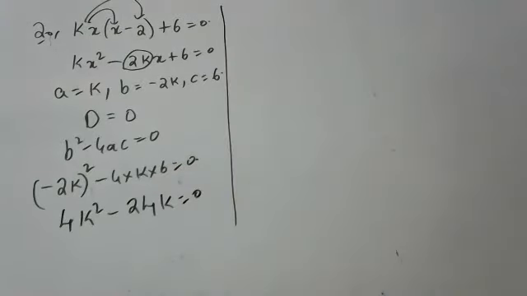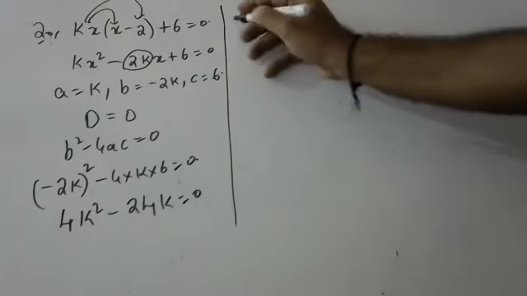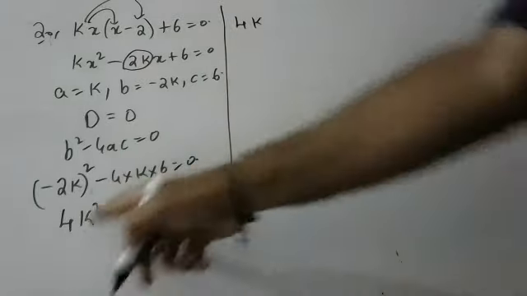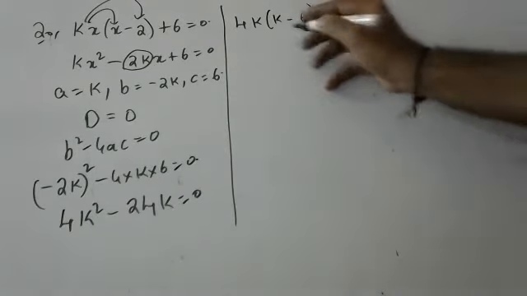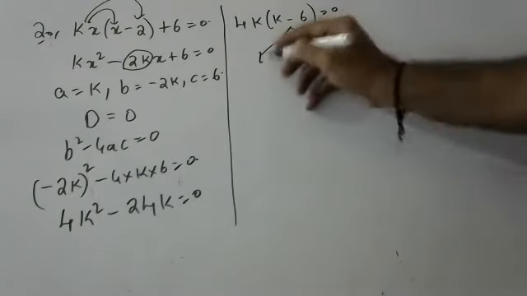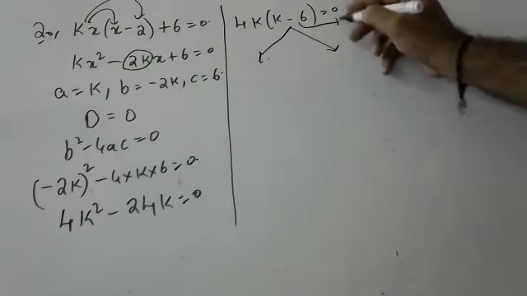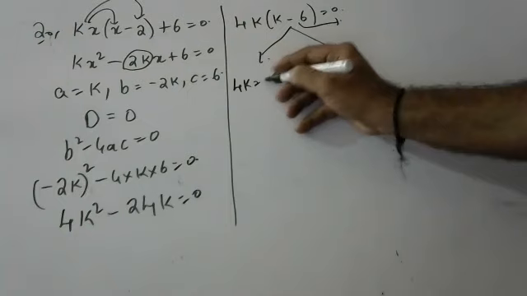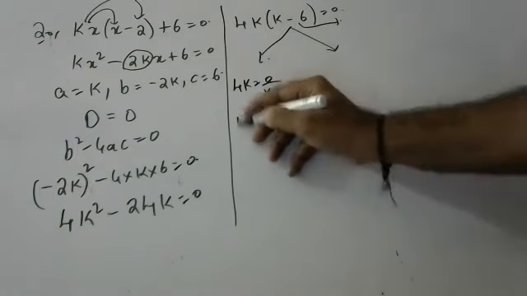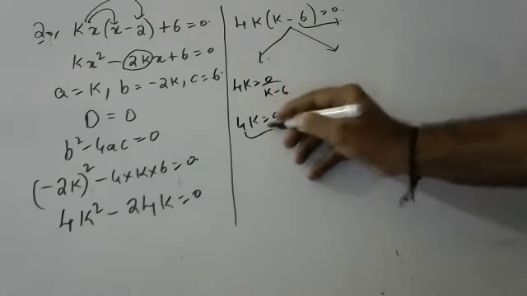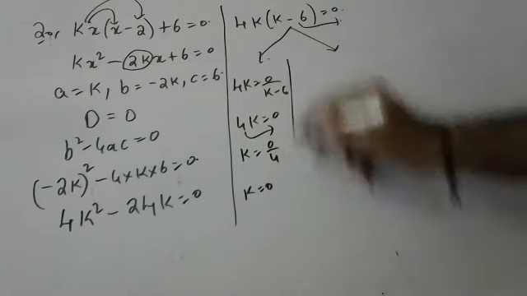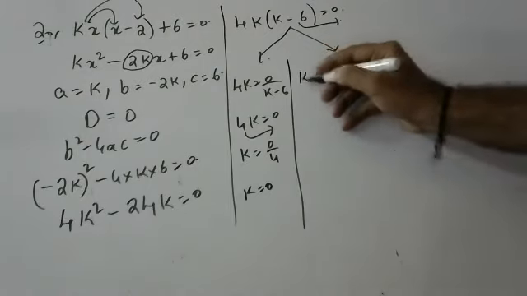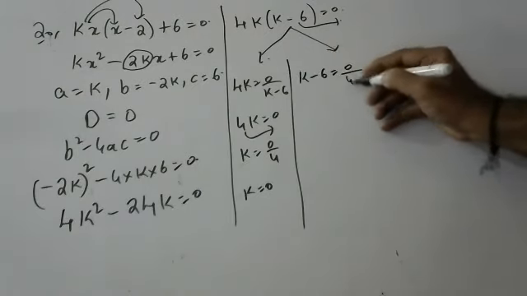Okay. So children, how to do a sum like this? Please all of you see here. 4k is common in both of them. So 4k into k minus 6 is equal to 0. Two methods are possible here. Suppose this whole thing is taken down: 4k is equal to 0, so 4 also goes down, 0 by 4, k is equal to 0. This is one. Or k minus 6 is equal to 0 by 4k.